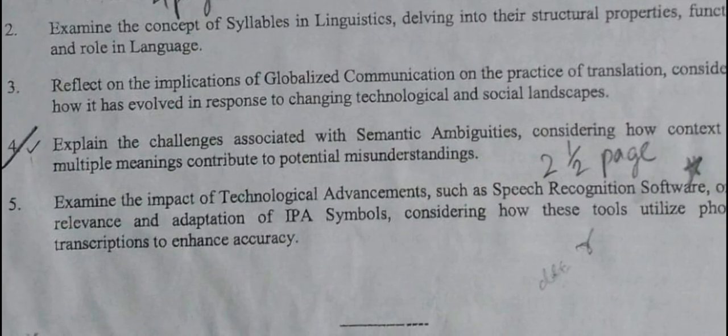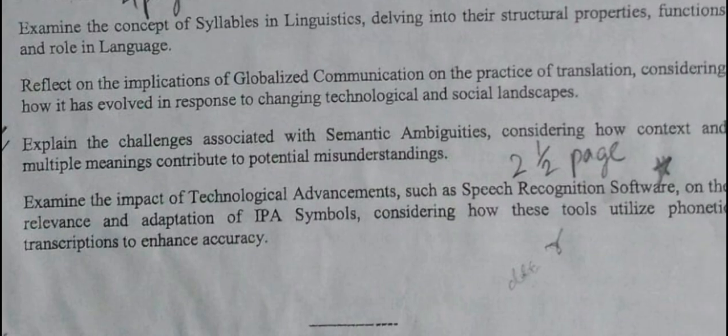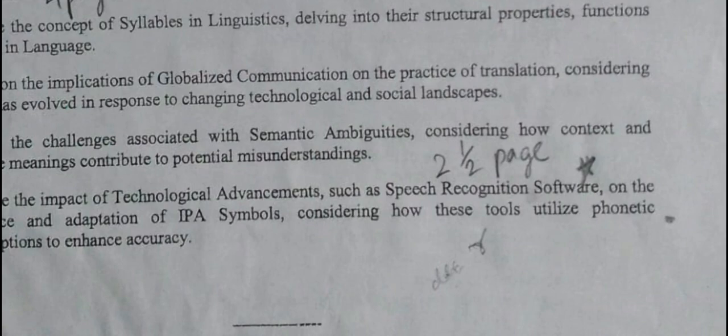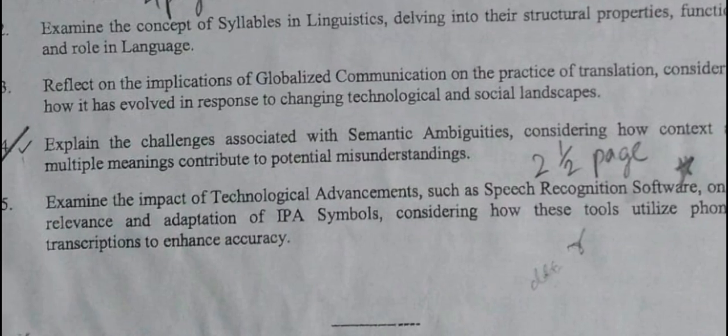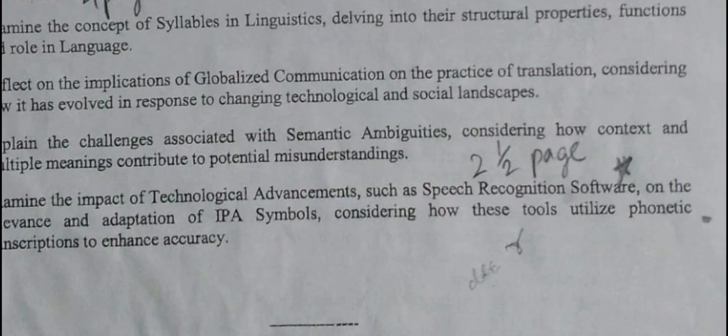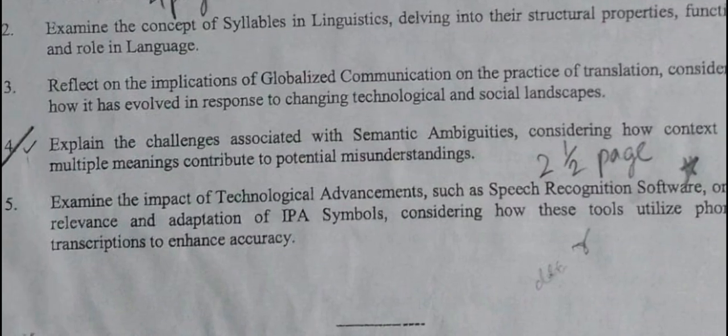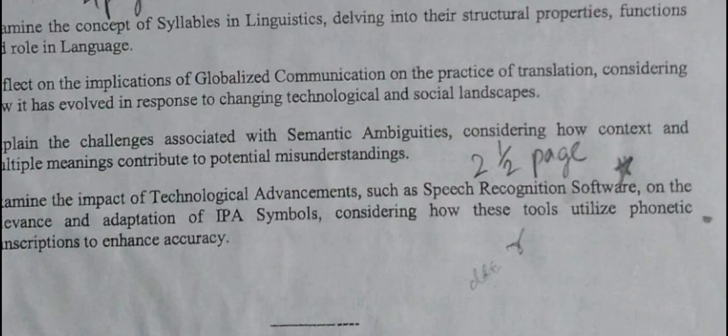Now reflect on the implications of globalized communication on the practice of translation, considering how it has evolved in response to changing technological and social landscapes. Like globalized communication, now a global village, right? And for the global village, a number of software have been invented.